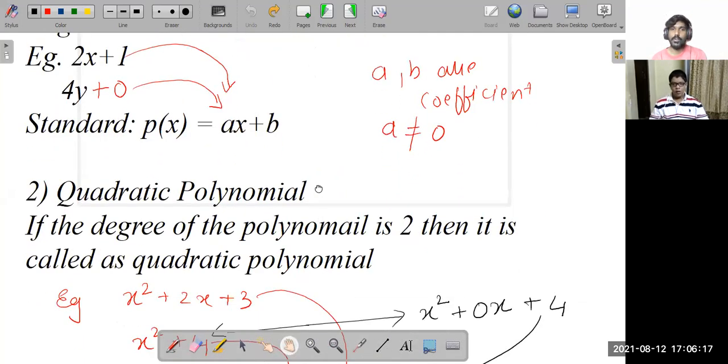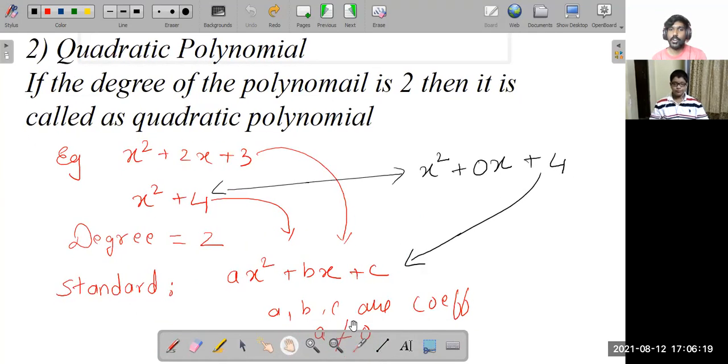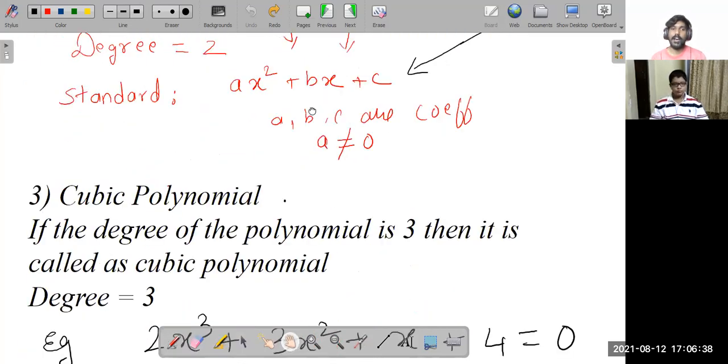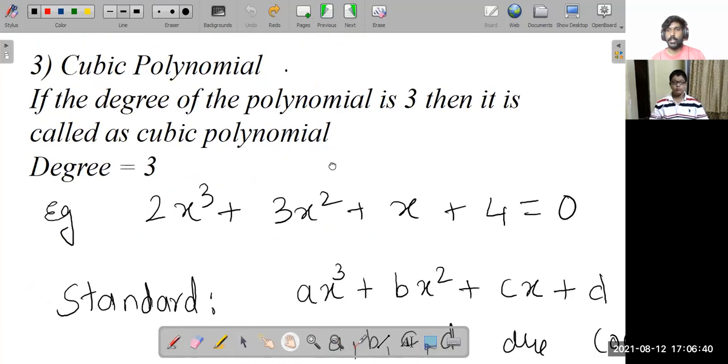Second is quadratic polynomial. If the degree of the polynomial is 2, then we say it is a quadratic polynomial. The standard form of a quadratic polynomial is ax square plus bx plus c. And lastly, we saw cubic polynomial.